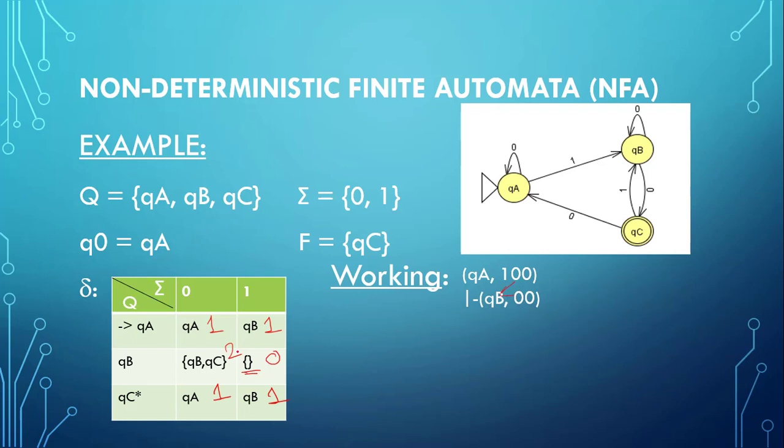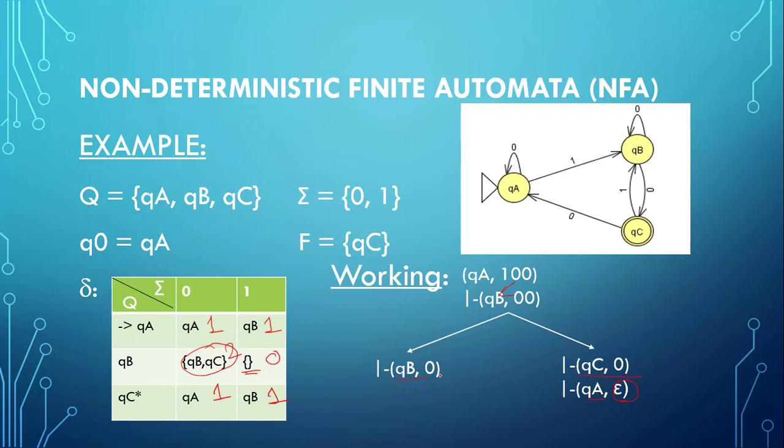Now from QB we have two chances or two states that we can transit to. So from here it will get branched out. Branching will take place where one state will go to QB, 0 and another state will go to QC, 0, reaching QA and generating reject as the output because it did not reach QC, that is our final state.